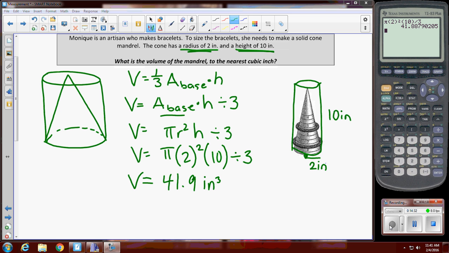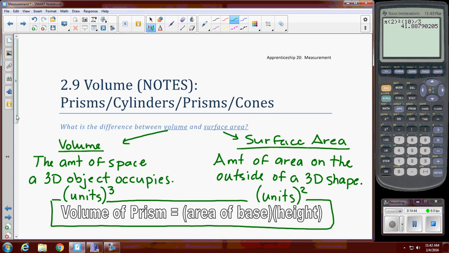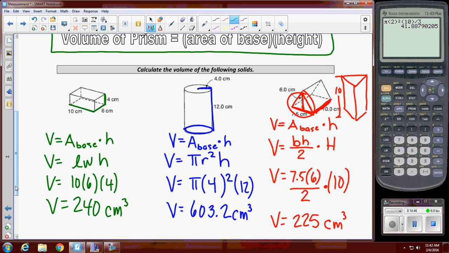So just to go back and talk about the connection between volume of cylinders or prisms and the volumes of the cones or pyramids that fit in it, anytime we're finding the volume of a prism, we just need to find the area of its base and times it by its height.